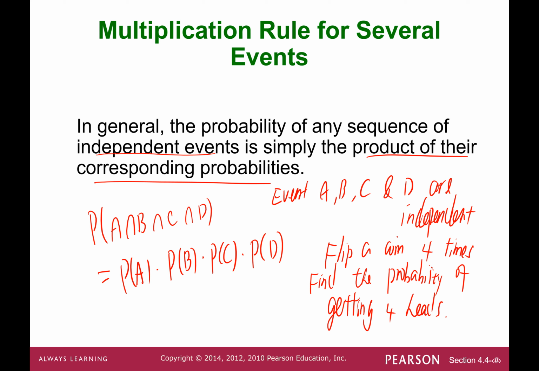Basically, apply this rule. The probability of getting the first head is half. The probability of getting the second head is half. Third head is half. Fourth head is half. So it turns out to be 1/16. That's the probability of getting 4 heads when you flip a coin 4 times.